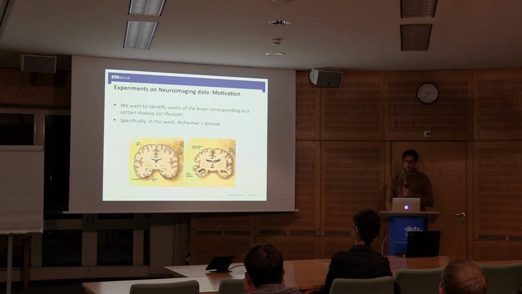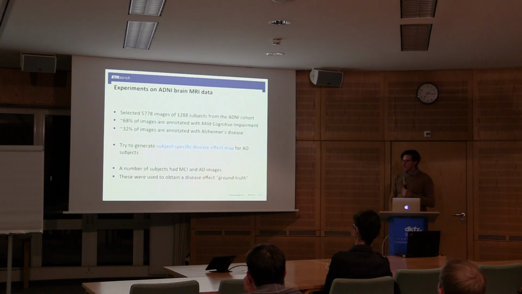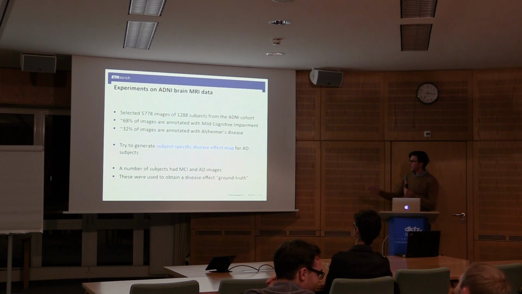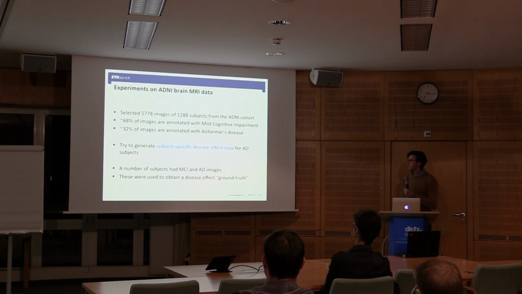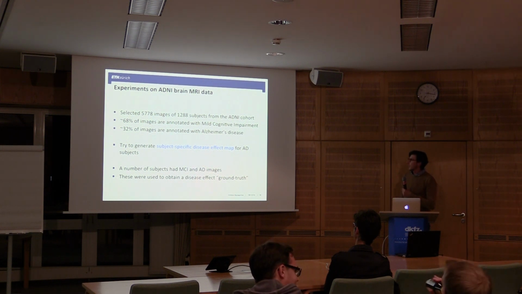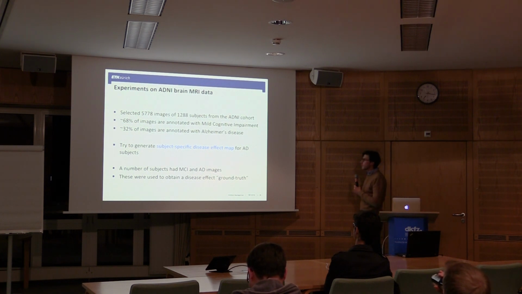So can we identify these changes in a population of images using the method I described? For those of you who work on medical imaging data, a few details about the experiment setup. We worked on the ADNI data set, which is very big. We used around 6,000 images of around 1,300 subjects.